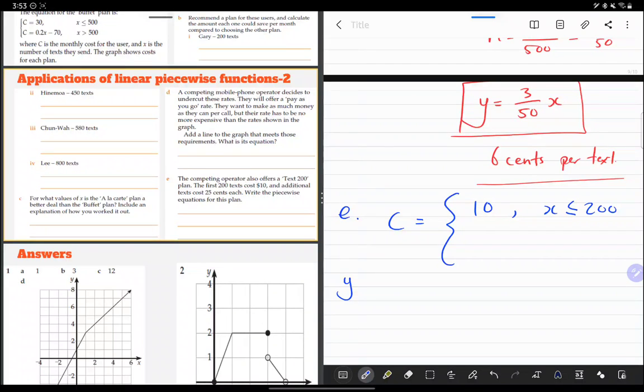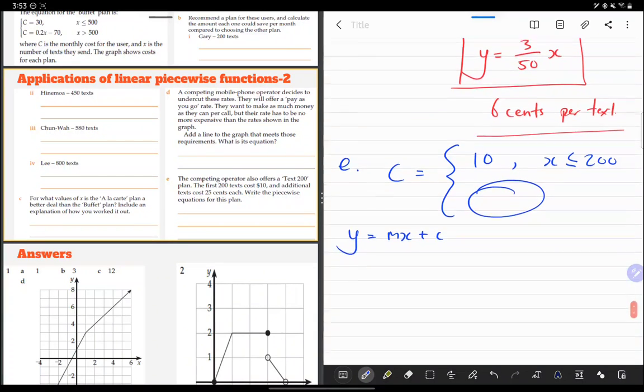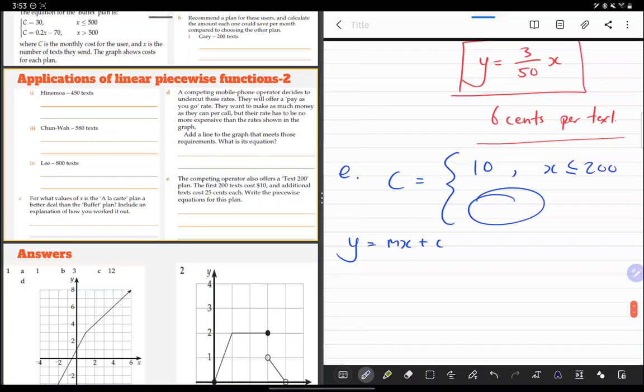So again, we have an equation to make here. Let's not use C here, actually. We want an equation where the gradient is, we know it's 25 cents each text. So we know that is 0.25.